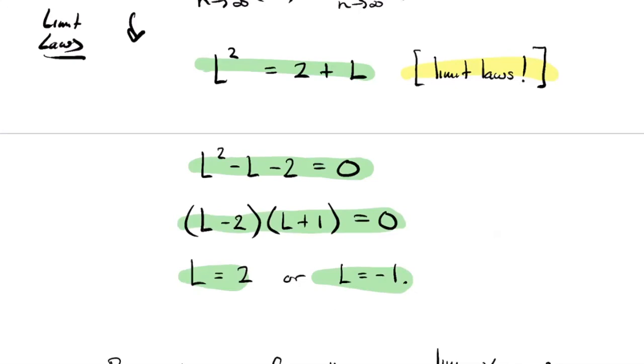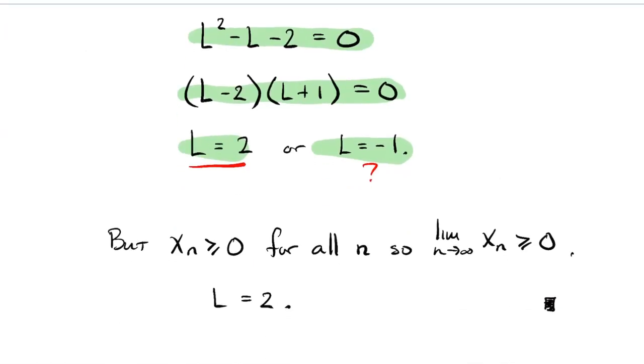Well, I'm trying to talk you into the fact that our limit is 2. So how do we rule out -1? I'm going to use some order properties of limits. Every term in our sequence is positive, or more precisely, non-negative, actually positive. So xn is greater than 0 for all n.